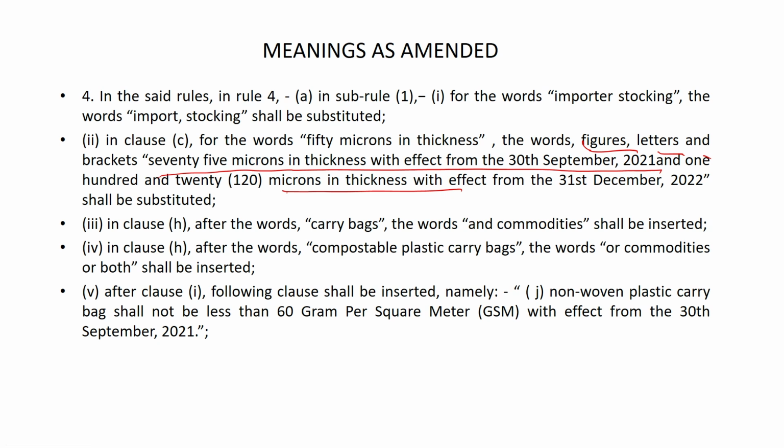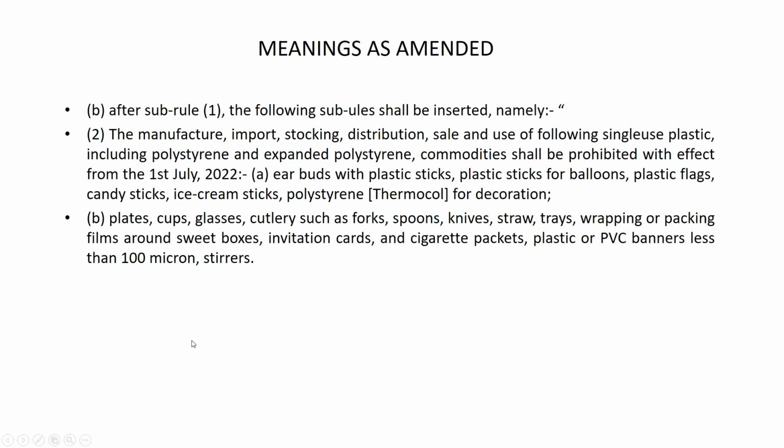In clause H, the carry bags, the words and commodities shall be inserted. For compostable plastic carry bags, the words or commodities or both shall be inserted, and the non-woven plastic carry bag shall not be less than 60 gram per square meter with effect from 30th September 2021.